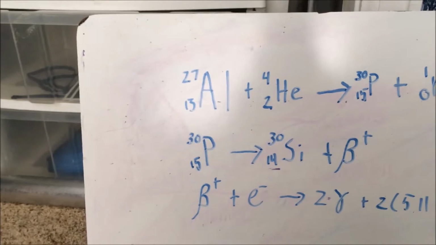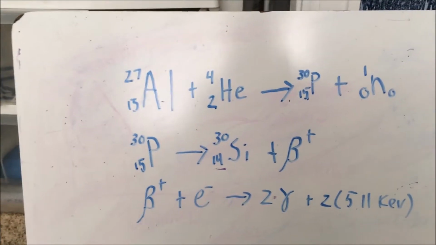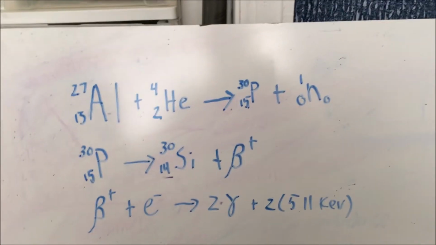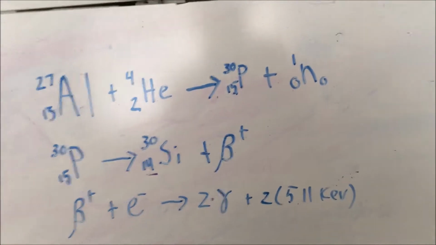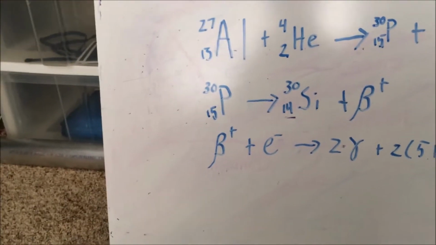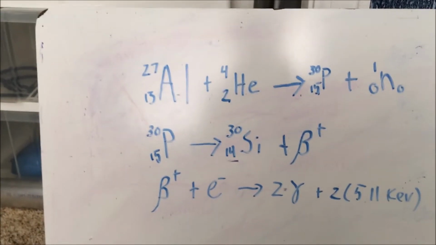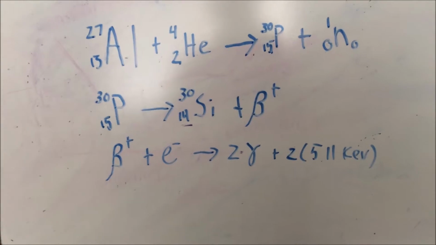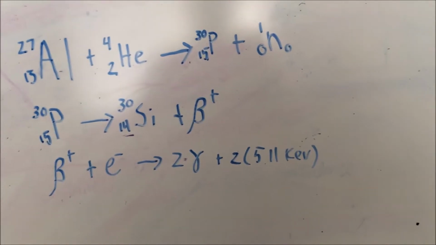So the phosphorus-30, because it's unstable, will decay relatively quickly into silicon-30 and emit a positron, which is beta positive, basically. The positron, which is an anti-electron, will very quickly meet an electron out in the environment and annihilate with it, which will produce 2 gamma rays, each at 511 keV, which is the rest mass of an electron.